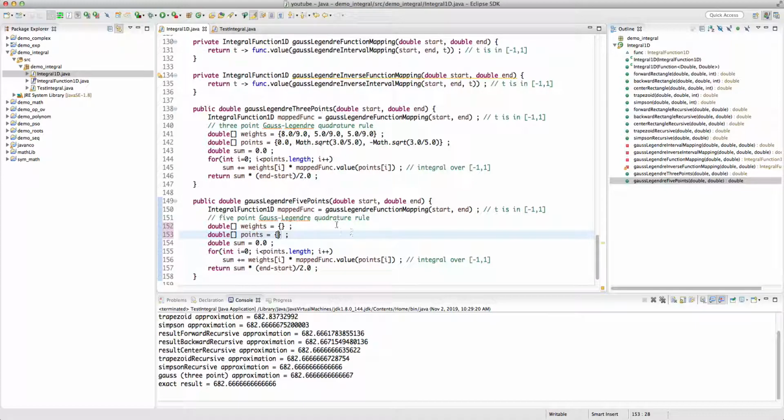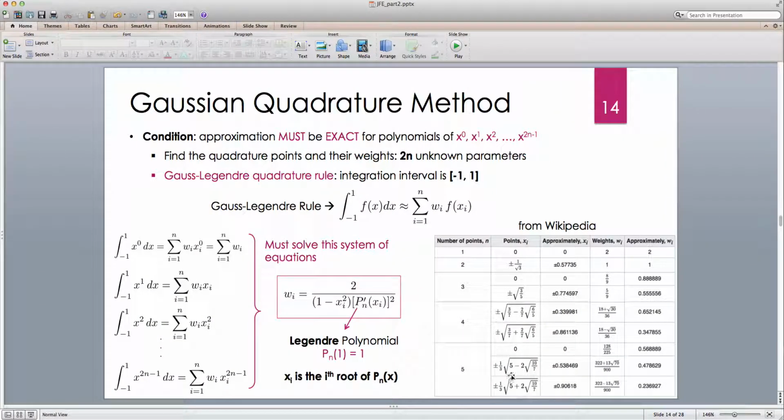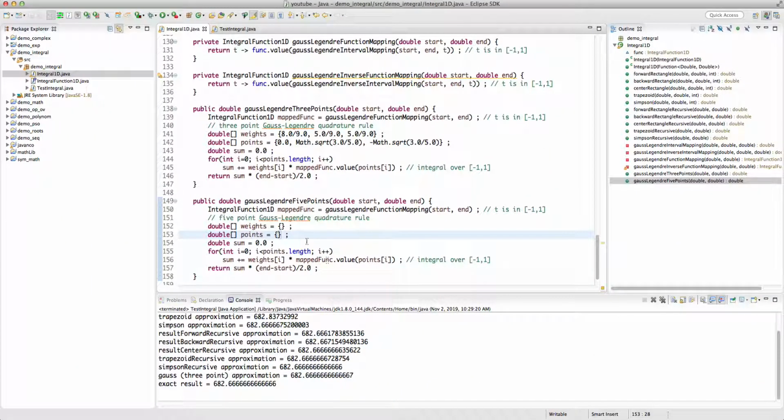Okay, and for the 5th degree, we have 0, 1/3 square root of 5 minus 2 square root of 10/7, and these are the weights. It's a little bit hard to write, but you get the picture.